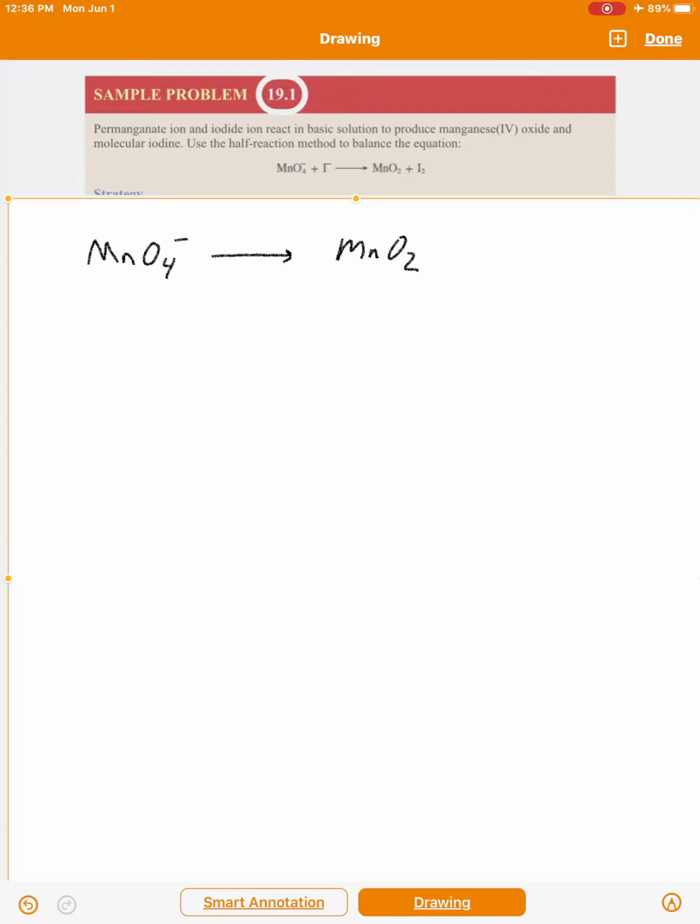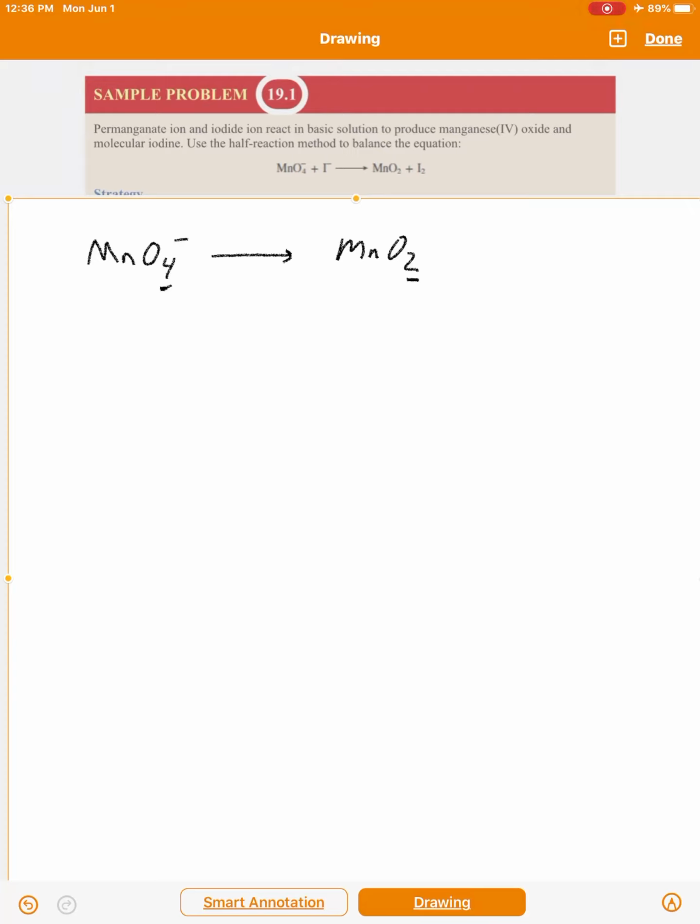Okay? So first step, how many manganese are on each side? You balance that first. There is one manganese on each side, so manganese is balanced. Next, we balance oxygen. There are 4 oxygens on the reactant side, but only 2 on the product side.